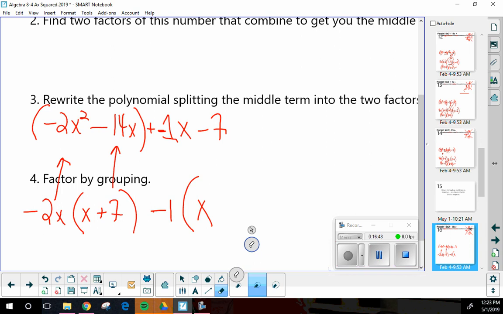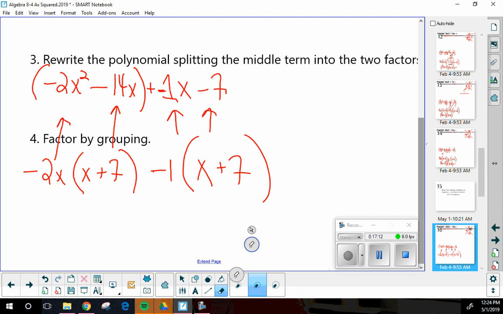That would leave me with x, because negative 1 times x would give me a negative 1x. But over here, this is going to be a positive 7, because negative 1 times a positive 7 will give you that negative 7 right there.